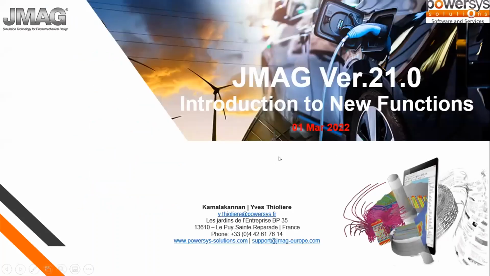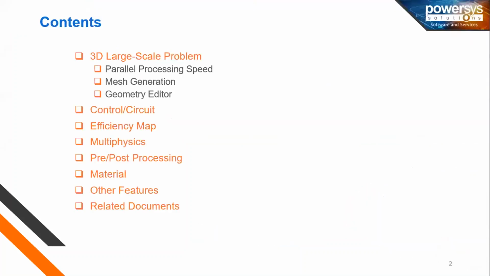Now we are going to see the new features of JMAG version 21, which was released during the month of February. As you were told, these are all the contents of today's presentation.